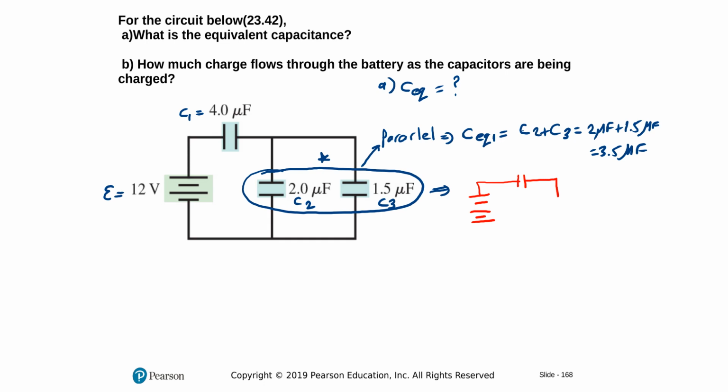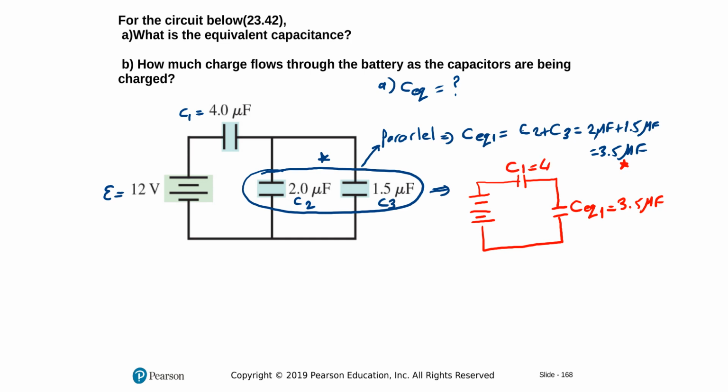And C2, C3 I combined into one, C equivalent 1. And here's my circuit again. C equivalent 1 I found to be 3.5 microfarad. If I have the same units, I'm just adding them, I can stay in microfarad. And then I can change to farad when I need to later on.